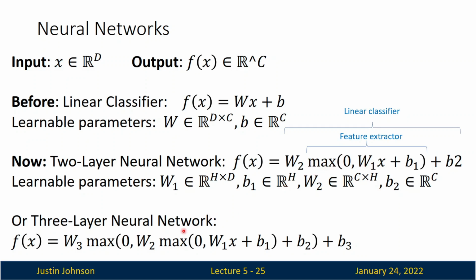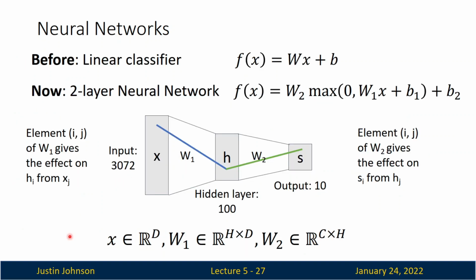And if we repeat again, this will become a 3-layer neural network. If we draw a figure, it will look like this. So this is the first layer. Given the CIFAR10 dataset as an example, the resolution is 32 by 32, and there are 3 channels, RGB.